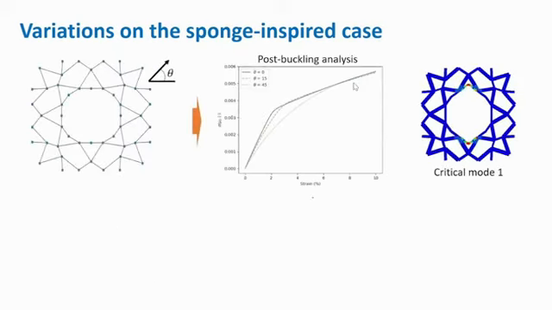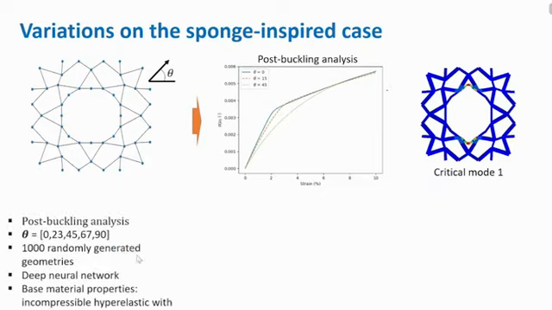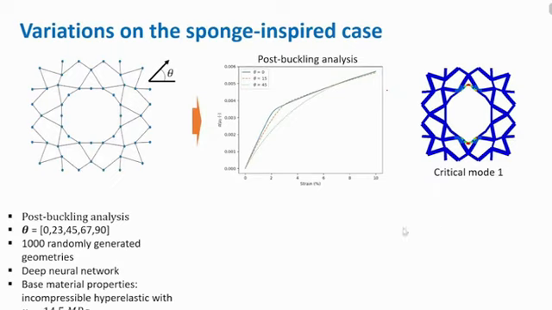So, some results here. We wanted to predict the post-buckling strength. So we performed post-buckling analysis, first performing a linear eigenvalue analysis, then applying the first mode shape to the single unit cells, and then performing the nonlinear post-buckling analysis, generating a data set, as I said, of 1,000 geometries with an incompressible hyperelastic material.